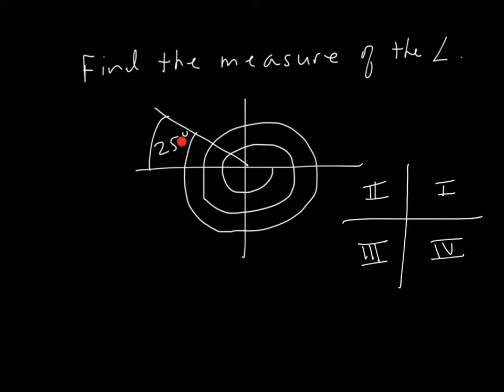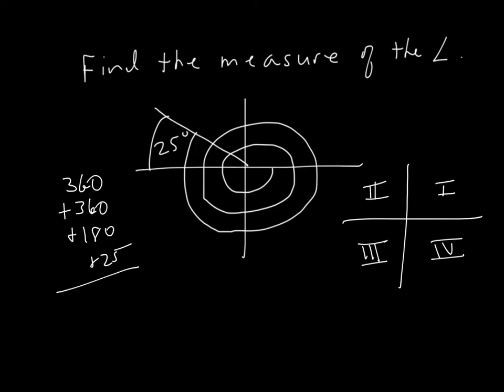Then they mark this little angle for us from here to here as 25. So this problem says find the measure of the angle. What they mean is all the way around, how far? There's 360, another 360, and then another 180, and then 25, and it's all in the negative direction. So it would be 360 plus 360 plus 180 plus 25.